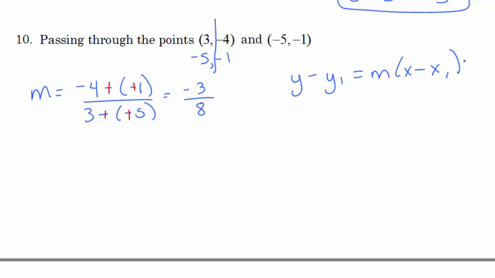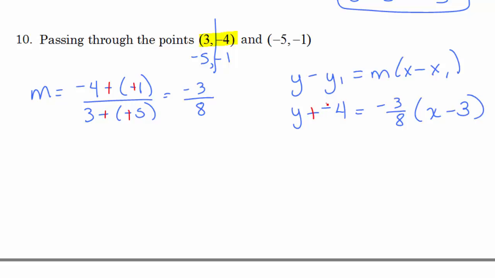Again, pick a point. I think this time I'll pick that one just because it has one less minus sign. Again, you could pick the other one. It doesn't matter. So I have y minus a -4 equals my slope of -3/8, then x minus 3.